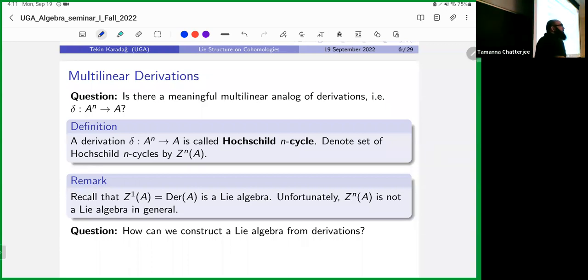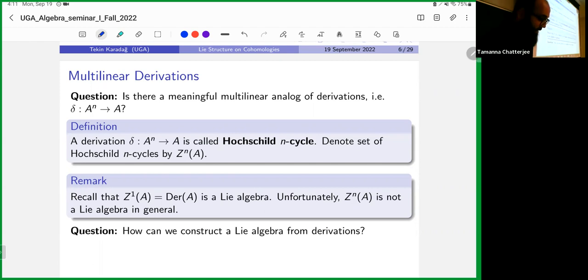We do know the space of derivations is a Lie algebra, but how about if n is greater than or equal to 2? Then unfortunately the answer is that it is not a Lie algebra in general. But we still want to construct some algebra structure.